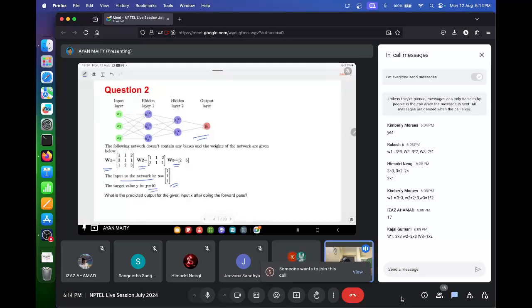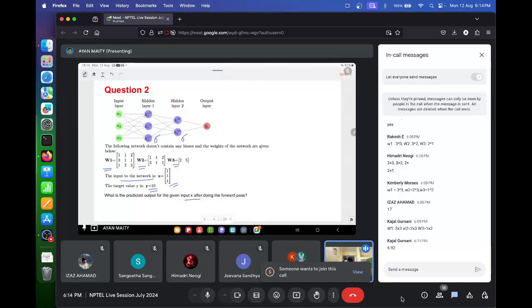What is the predicted output for the given input X after doing the forward pass? You can assume that for the hidden layers we are using the sigmoid activation function, and in the output layer we are not using any activation function, so it is linear activation.